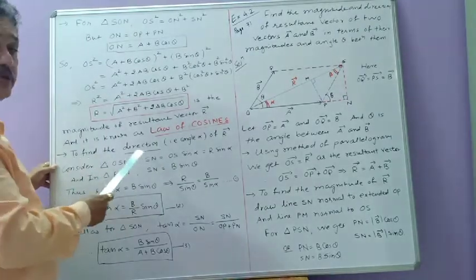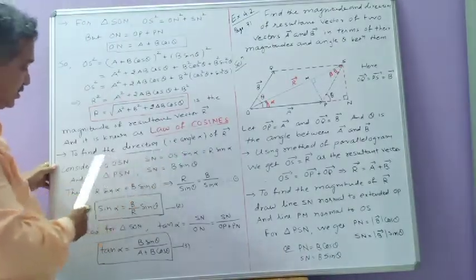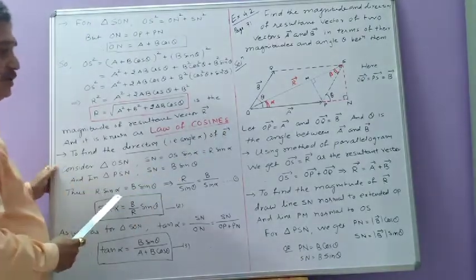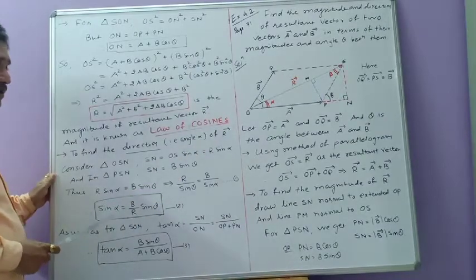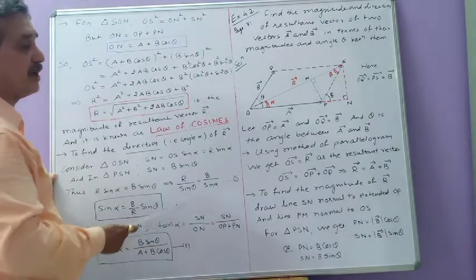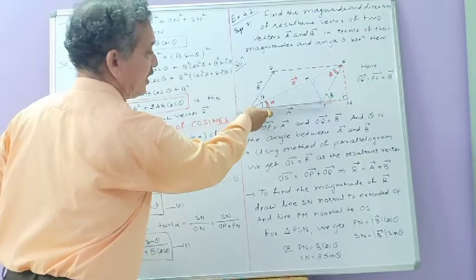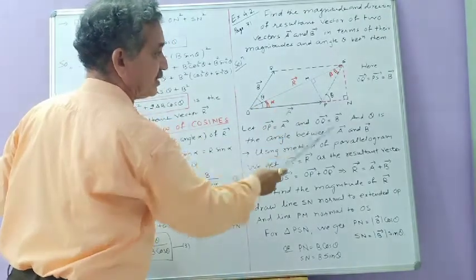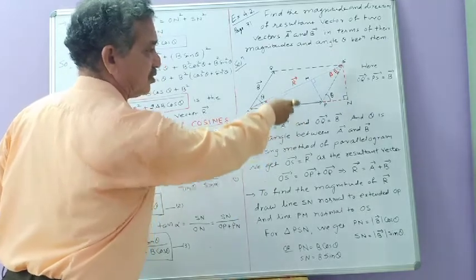Then we have to find the angle alpha, that is, the direction of vector R. Now we will consider triangle OSN and triangle PSN. One is the big triangle OSN, and the other is triangle PSN, where SN is the common side.